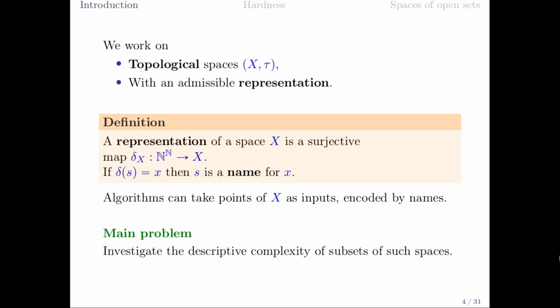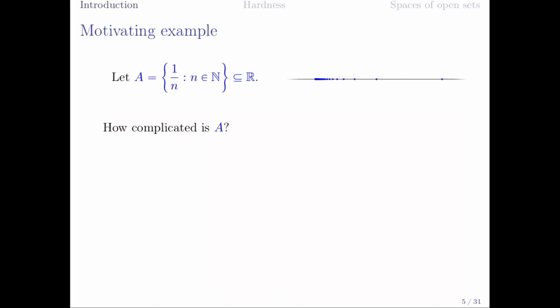The main problem we are working on is to understand how to measure the descriptive complexity of sets in such spaces. Let's take a simple example to have some ideas. We look at the space of real numbers. This is a Polish space, so descriptive set theory works very well there, but it's also a represented space. A real number can be represented by an infinite sequence of rationals converging to it at some speed. So it's interesting to compare the two approaches from Polish spaces and represented spaces.